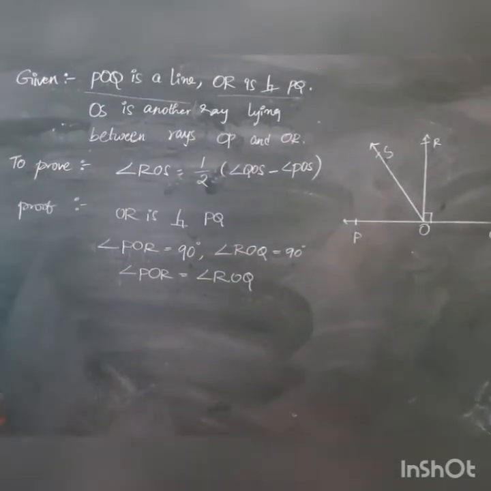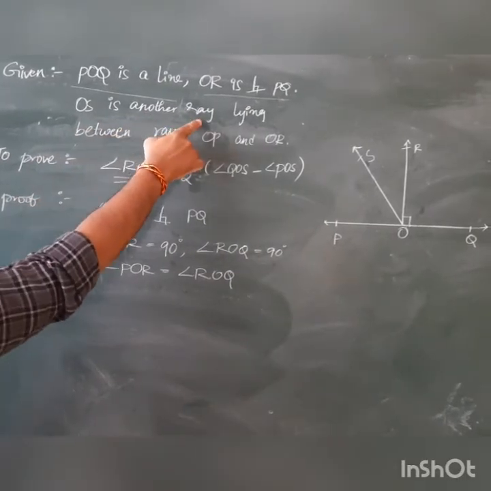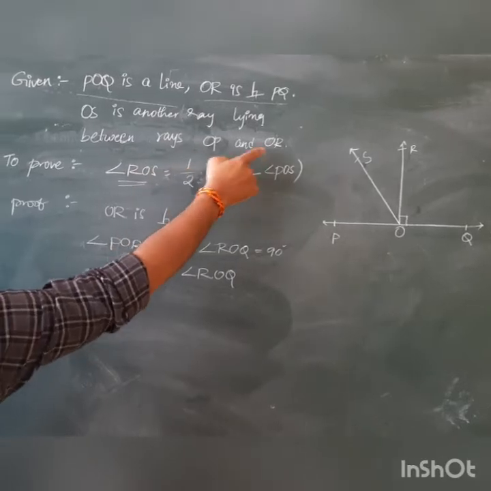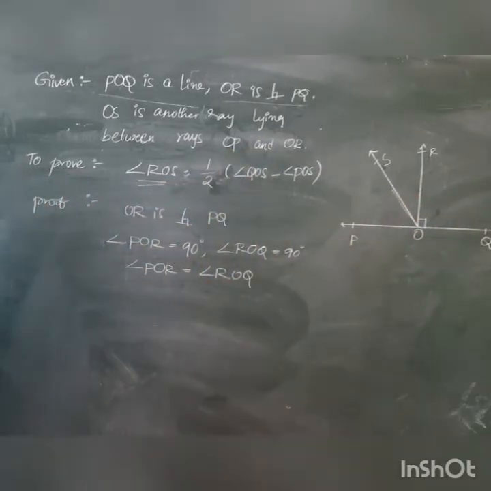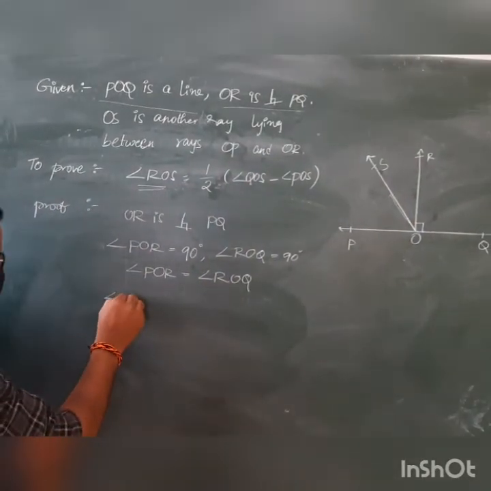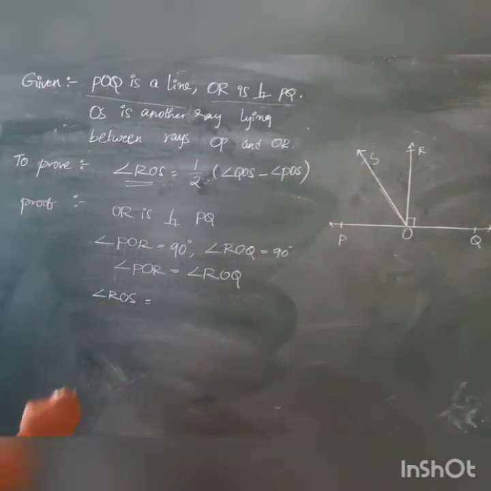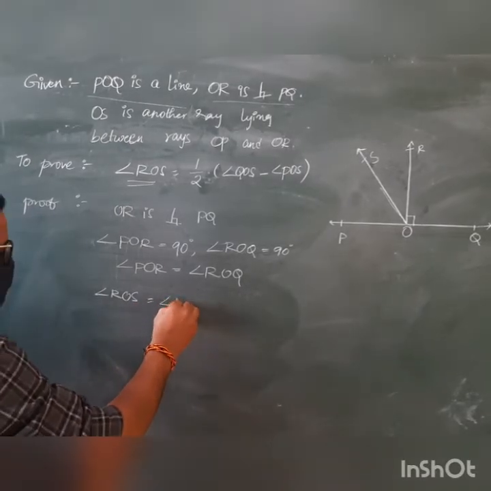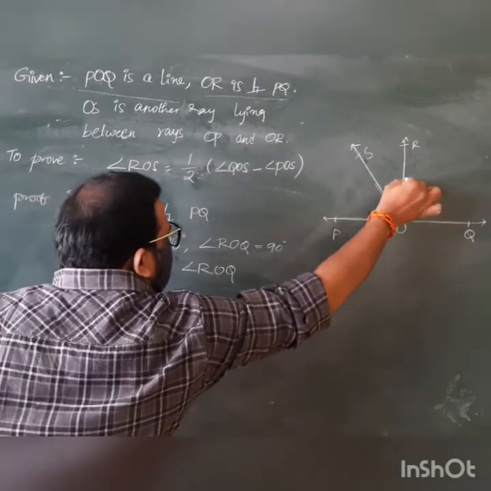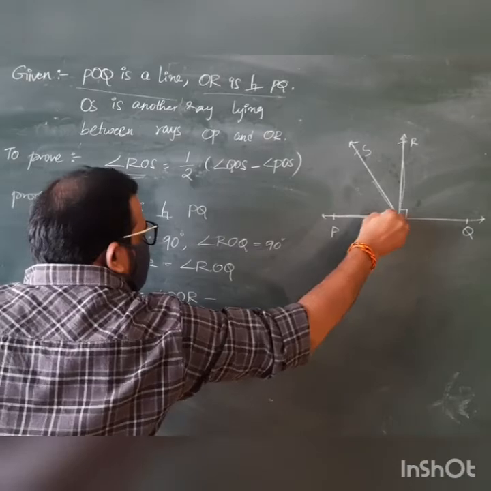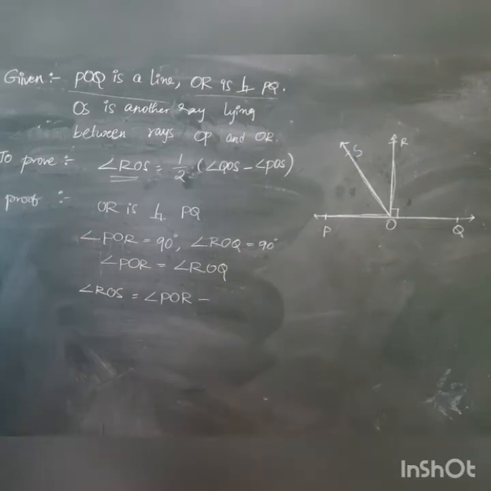Now coming to other part of the question, that is angle ROS. OS is another ray lying between the rays OP and OR. So let us take angle ROS. From this part I am taking ROS. How do we get ROS here? If you take the total angle here, angle POR minus angle POS, if we take this angle from the total angle, we will get angle ROS.